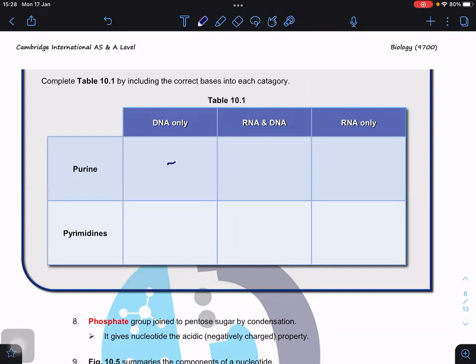For the pyrimidines, DNA only is thymine, RNA only is uracil, and cytosine appears in both RNA and DNA.